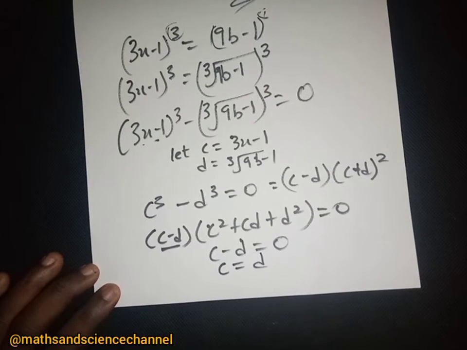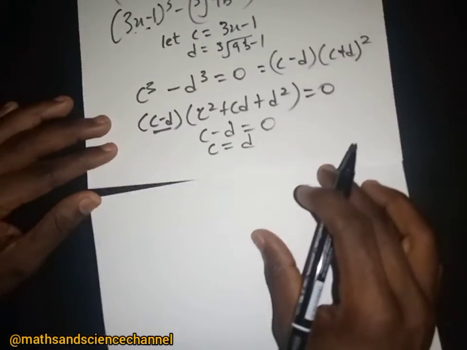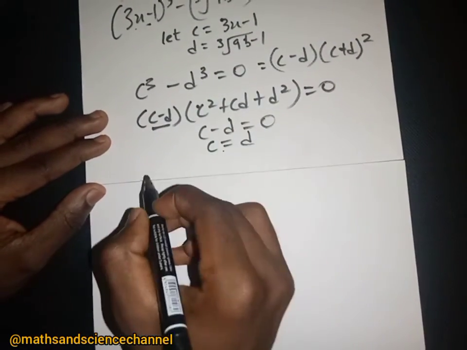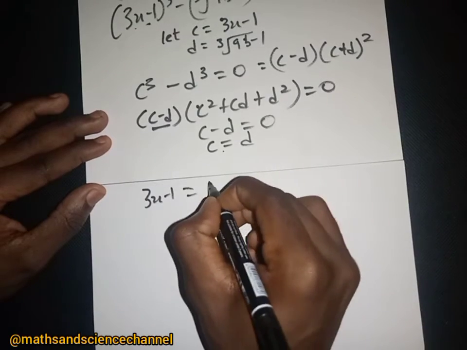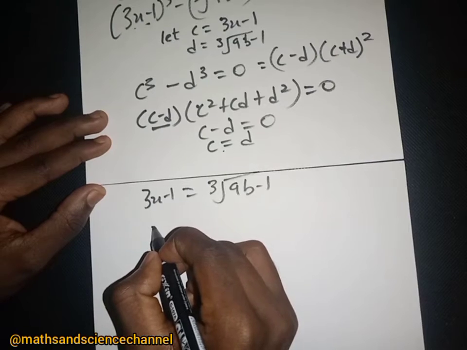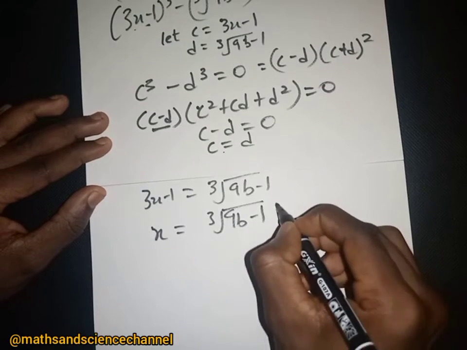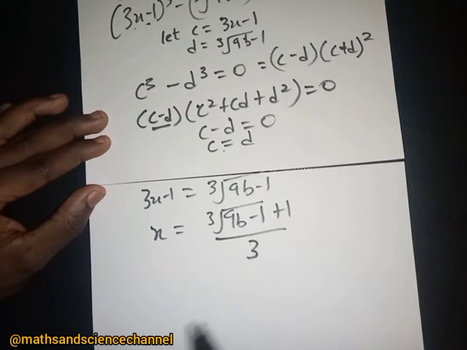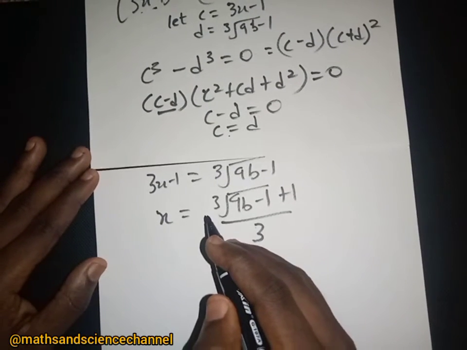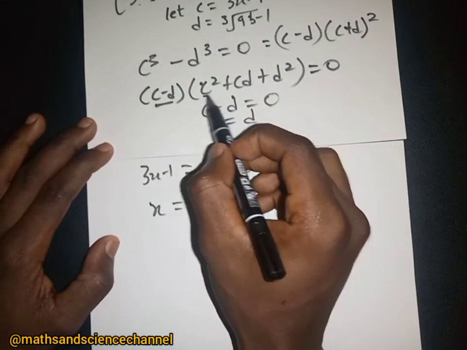So if c is equal to d, then we have 3x minus 1 being equal to the cube root of 9b minus 1, and we have x will basically be the cube root of 9b minus 1, plus 1, divided by 3, which is equivalent to the first equation over there.